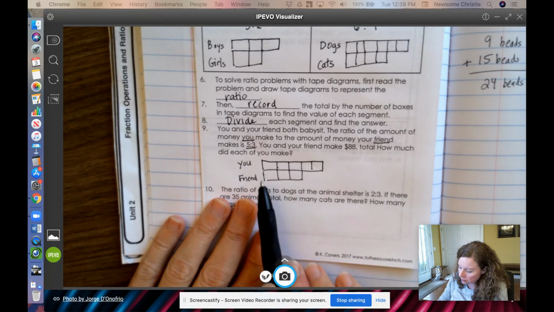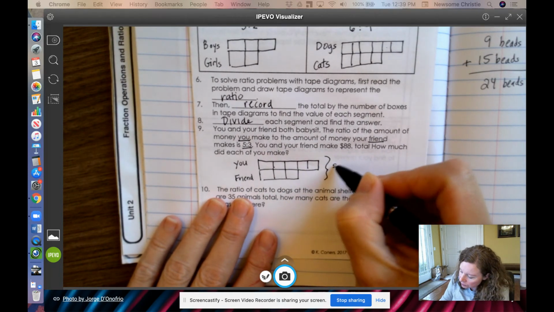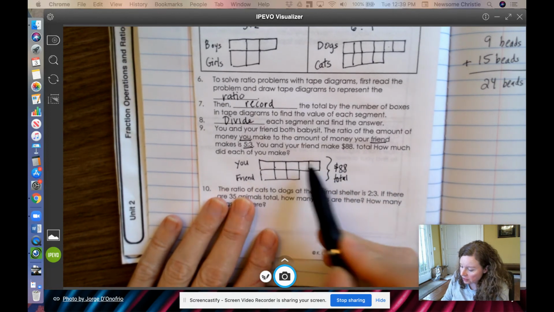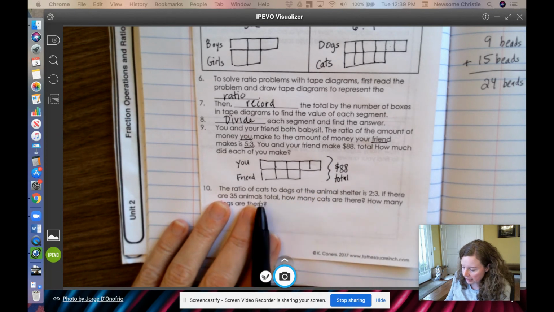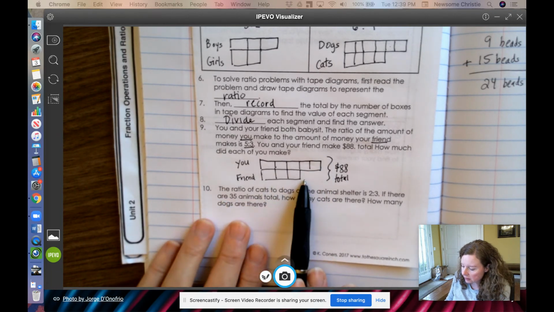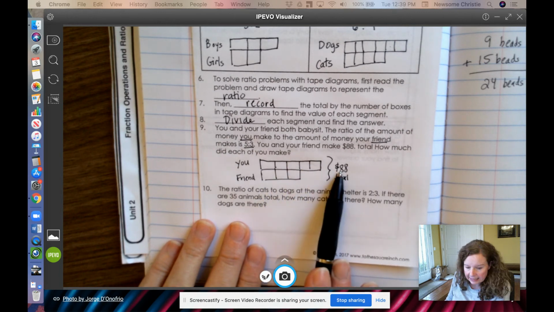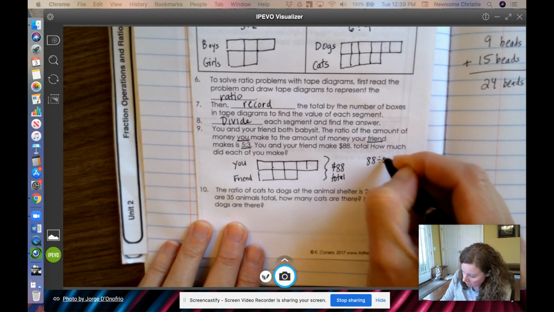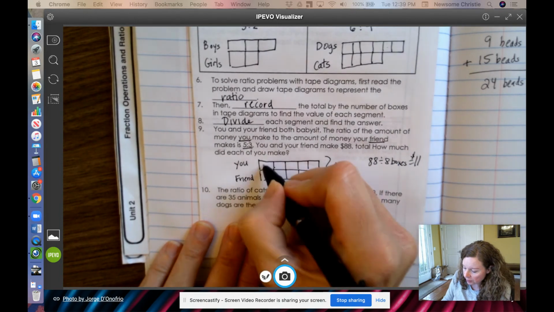And it says you and your friend make $88 total. How much did each of you make? So now we take the total, 88, and divide it by how many boxes? So we have 1, 2, 3, 4, 5, 6, 7, 8 boxes. 88 divided by 8 boxes equals $11 in each box, right?